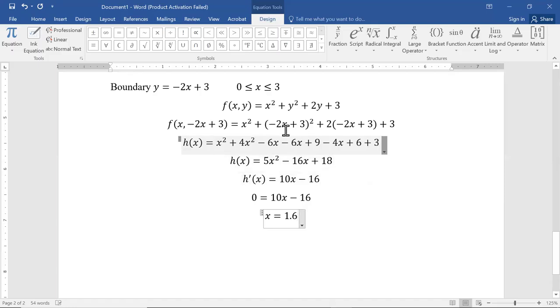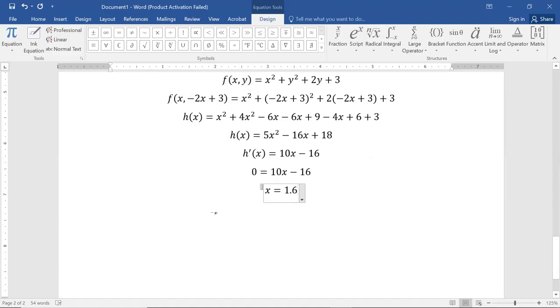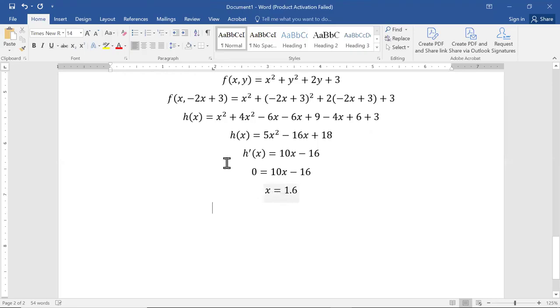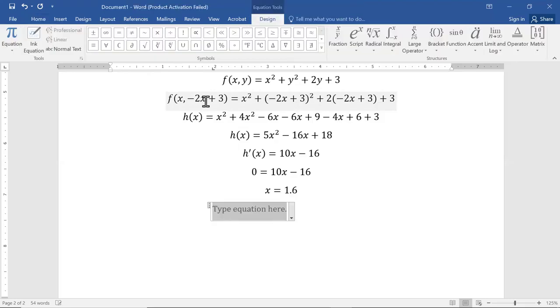And so that tells me I'm going to check what happens at the endpoints. I'm going to check what happens when x is 0 and when x is 3, but I also need to check when x is 1.6. By the way, when x is 1.6, I take negative 2 times 1.6 plus 3, and that gives me a negative 0.2.